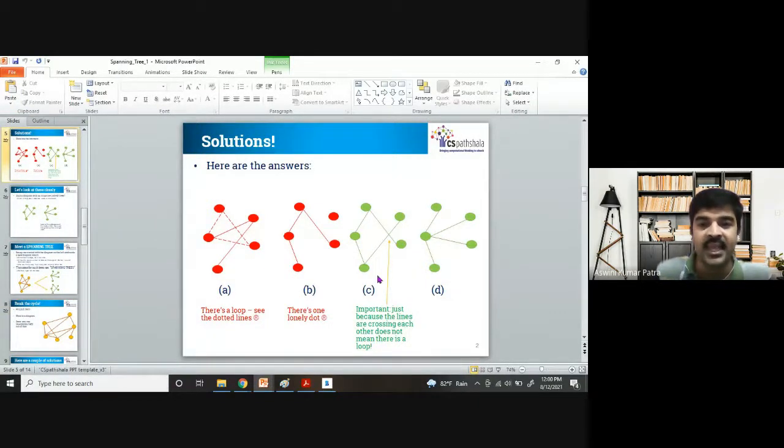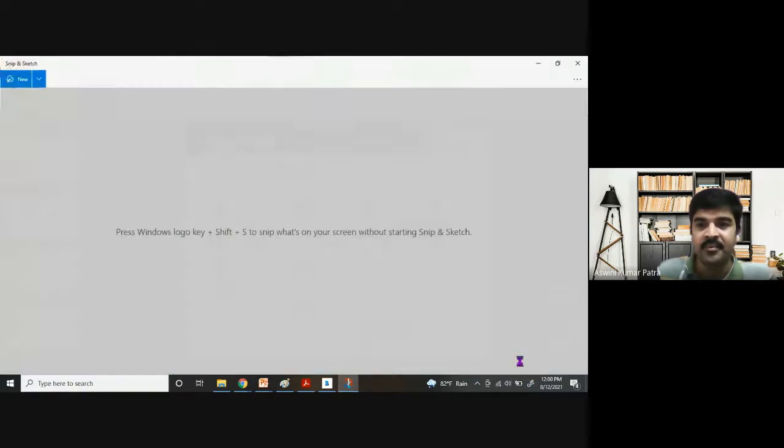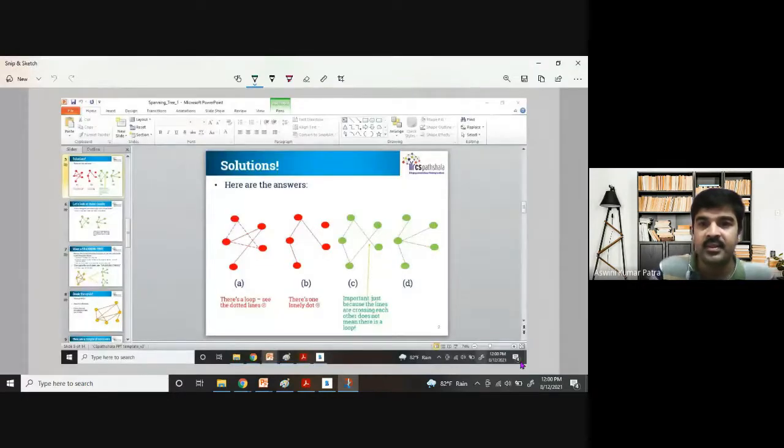And in figure C, it's important that just because the lines are crossing each other does not mean there is a loop. Let me draw this for you. You could see that this line and this line are crossed. It doesn't mean that there is a loop.